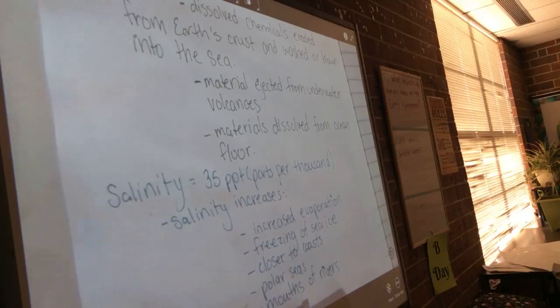The closer you get to coastlines, so the closer you get to the beaches from the open ocean, the higher the salt content usually is. Polar seas, so the extreme northern and southern seas, tend to have a higher salinity.